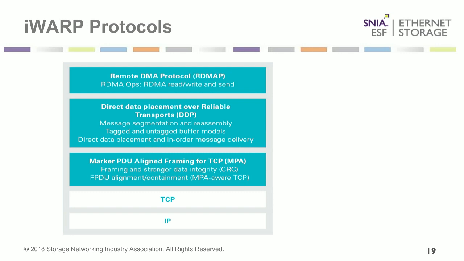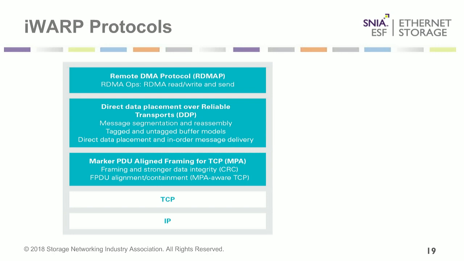RDMAP deals with RDMA operations: RDMA read, write, or send. DDP deals with message segmentation and reassembly, handles the tagged and untagged memory buffer models, and can do in-order message delivery as well. MPA does the framing and adds the CRC code. It can insert markers to identify the start of a PDU and enable out-of-order FPDU delivery.